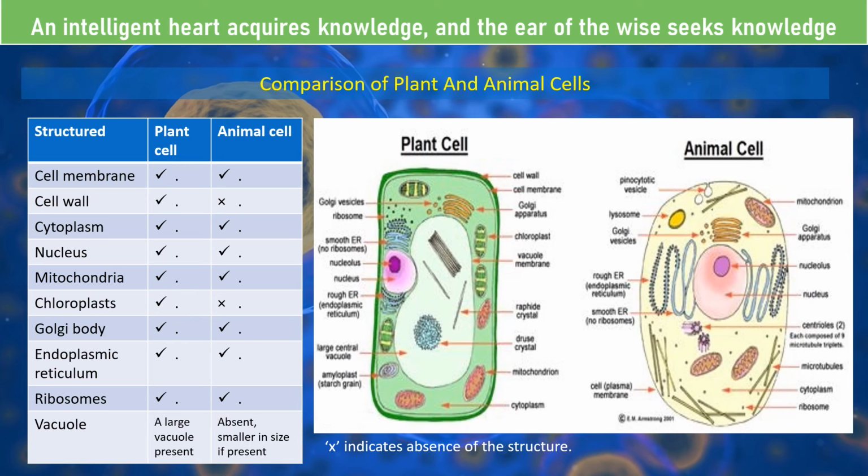Chloroplast is present in only plant cells, not in animal cells. Then Golgi body in both, endoplasmic reticulum in both, ribosome in both of them. Then vacuole. A large vacuole is present in plant cell, and in animal cell generally it is absent, but if it is present it is smaller in size. Okay, good.